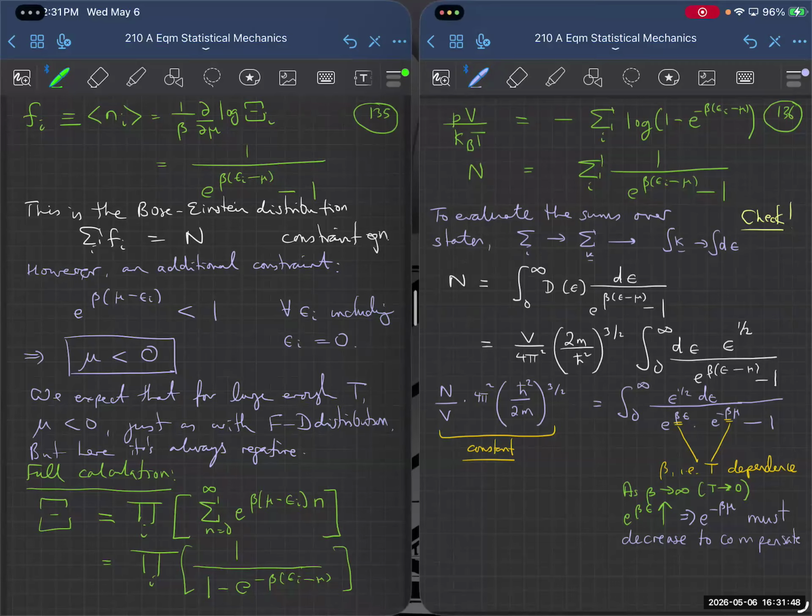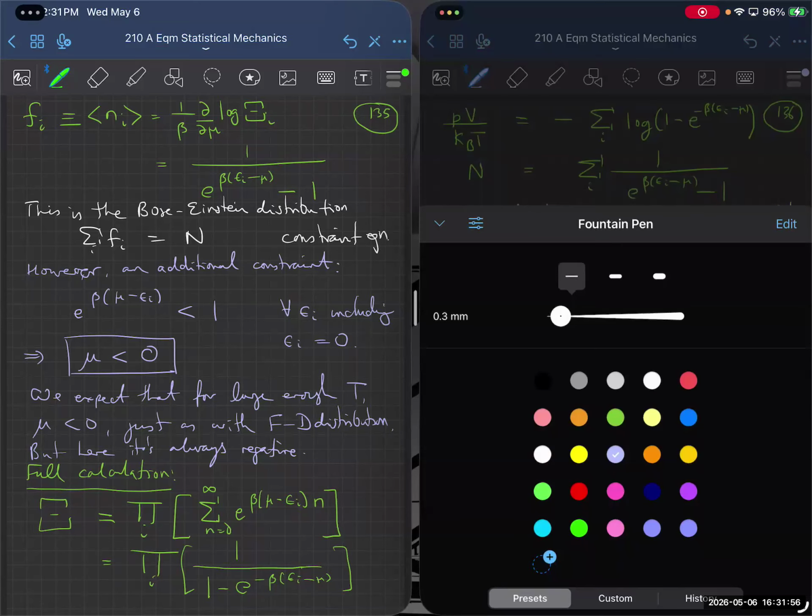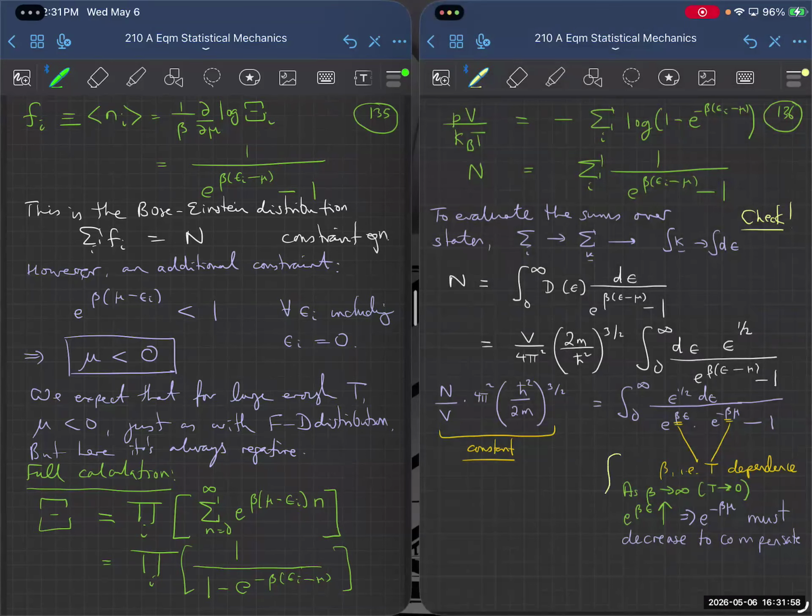And so that means that e to the minus beta mu decreases, and therefore, since mu is less than 0, the absolute value of mu needs to get smaller.